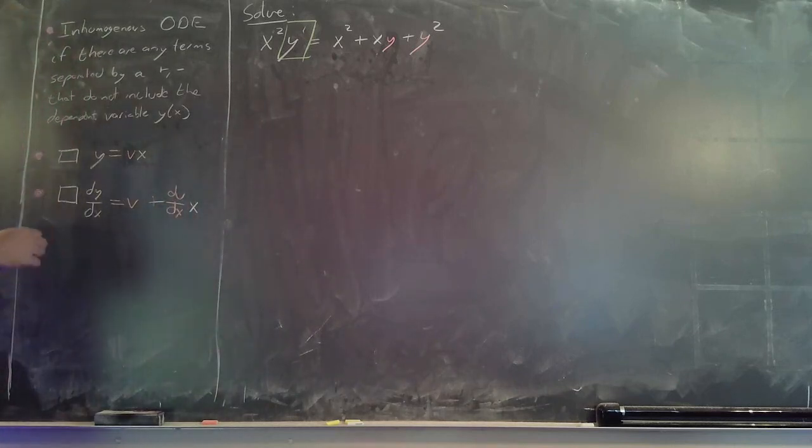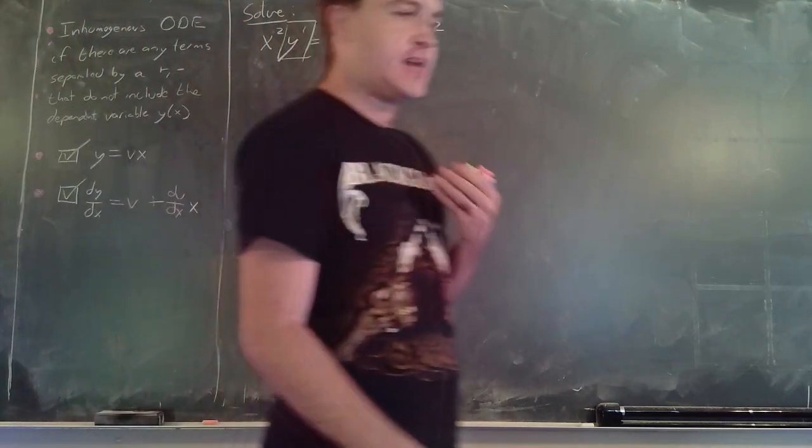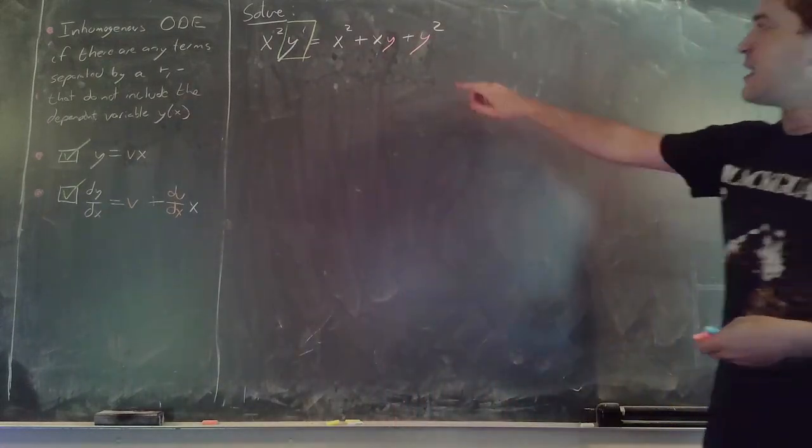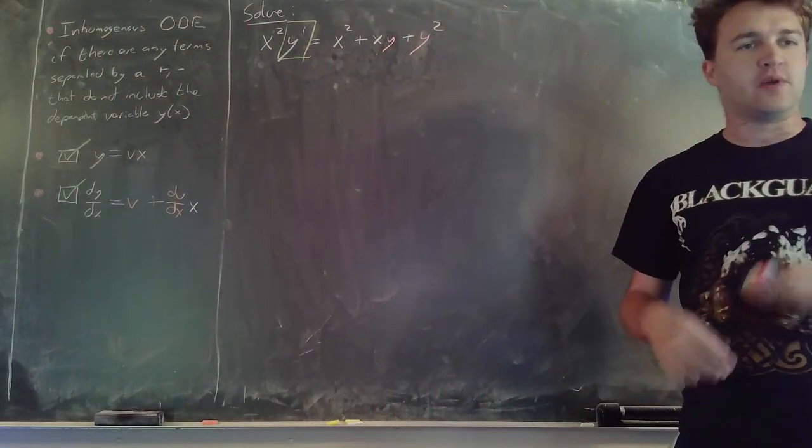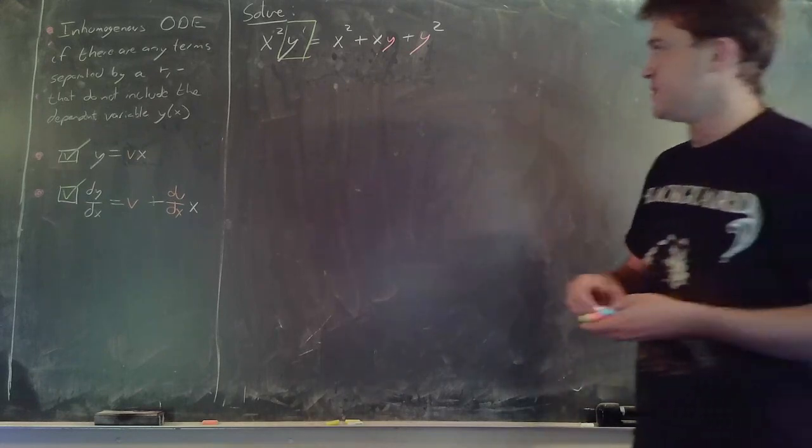times the second term, which is x. So now that I have these two nice expressions for what y is equal to and what dy dx is equal to, I can substitute this into my original expression, and then we can start doing some algebra to make this a little bit easier.